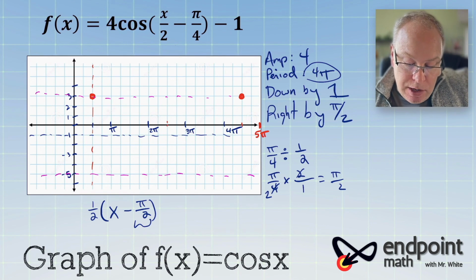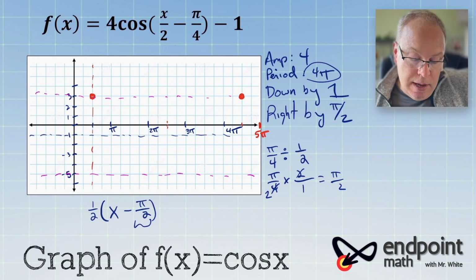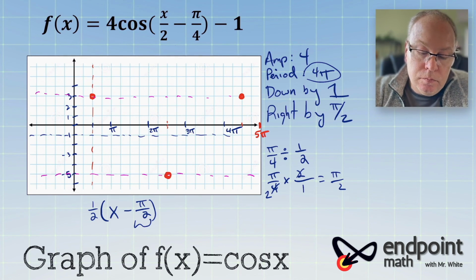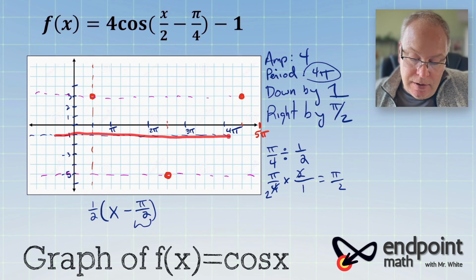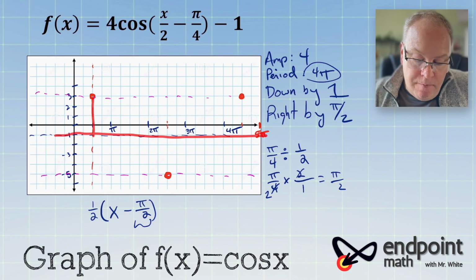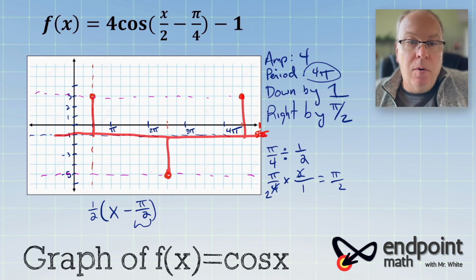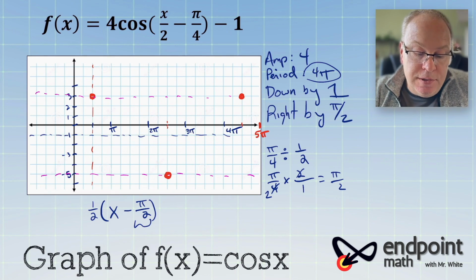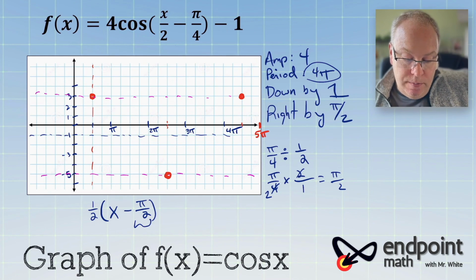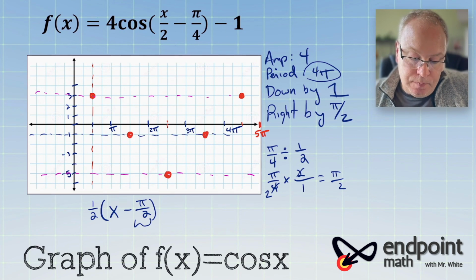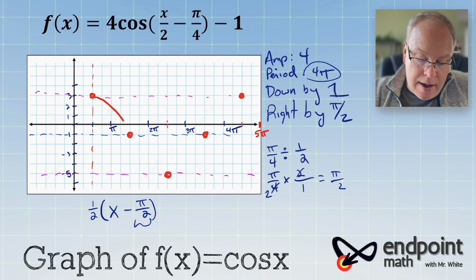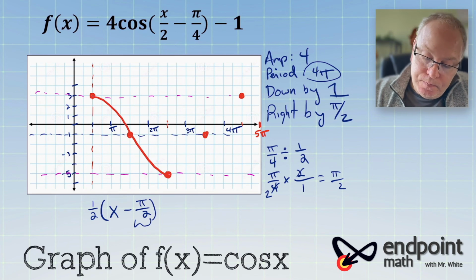Which means my middle is right here, and my middle would be all the way down here. Don't forget, this is the center. So I went up 4 and down 4. Now I go to the center, which would be right here, and right here, and I'm ready to graph my cosine curve.